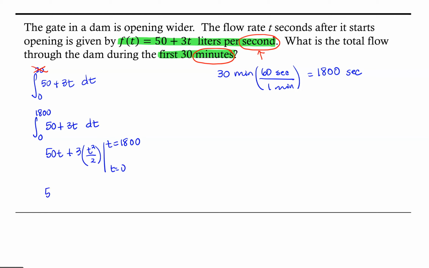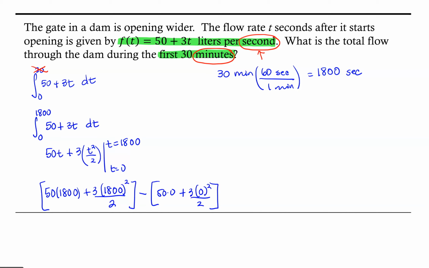This would give us 50 times 1,800 plus 3 times 1,800 squared over 2, minus 50 times 0 plus 3 times 0 squared over 2.